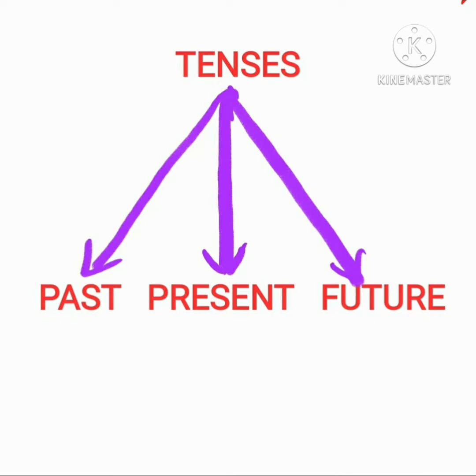To render a clear understanding about the time of the action, each part is further subdivided into four subparts. Isn't it surprising to hear that verbs could be changed into so many forms based on the time aspect? It is. So let's get to know more about tenses.